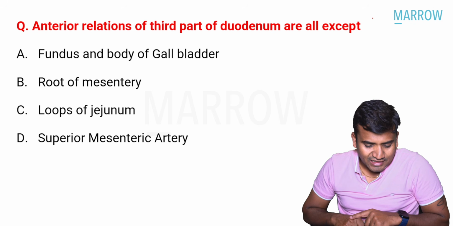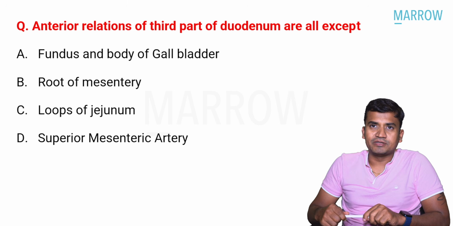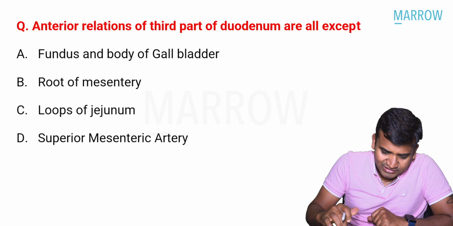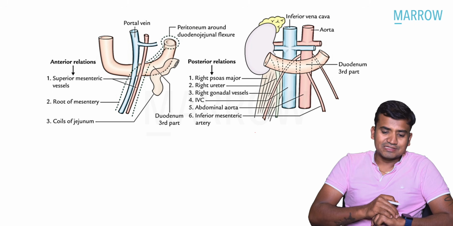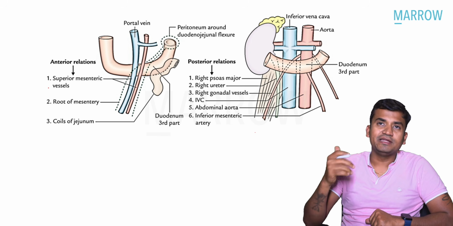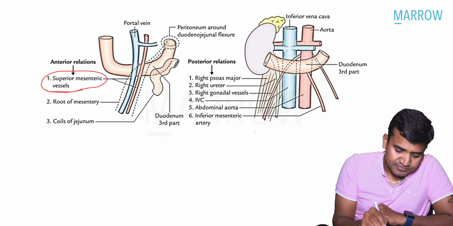Now the next one. The anterior relations of the third part of duodenum are all except. This is the first time they are giving this question. The third part of the duodenum in the front is crossed by the superior mesenteric artery and the superior mesenteric vessels.